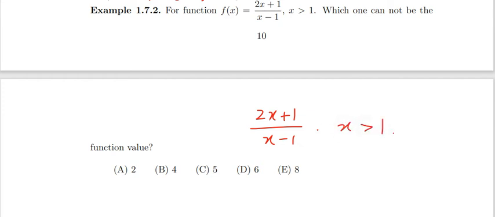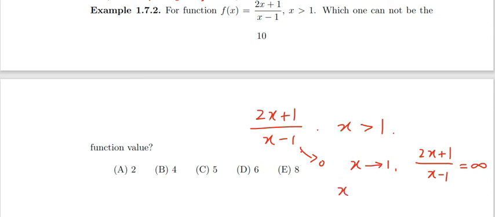If x equals 1 or is close to 1, the denominator will become 0, so this function will go to infinity. We use this notation: if x is close to 1, those values can be really, really big.